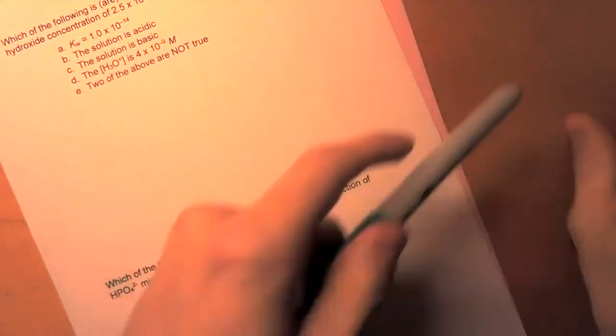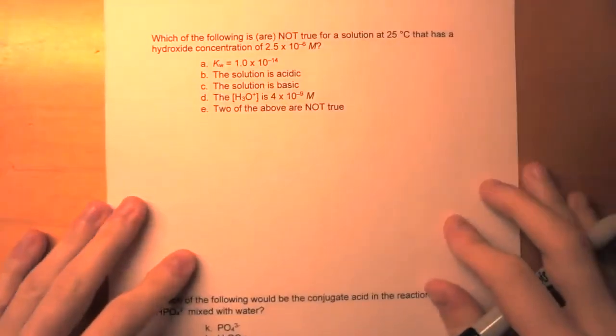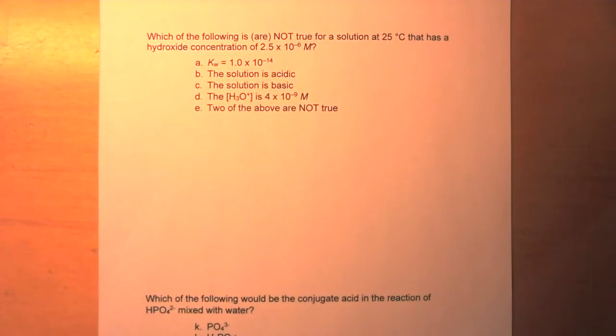All right, we got 2 more today. So which of the following is or are not true for a solution at 25 degrees Celsius that has a hydroxide ion concentration of 2.5 × 10⁻⁶ molar? Let's work through each of them.